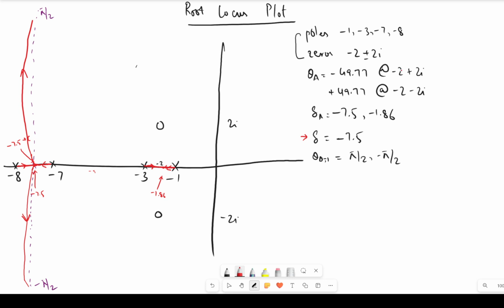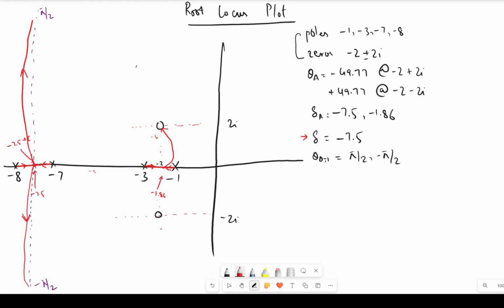The angle at this 0 is minus 49.75. Minus 49.75 means, if this is minus 90, then minus 49 means somewhere here. So when these two collide, one of them will go at minus 49, and this one will come at 49.